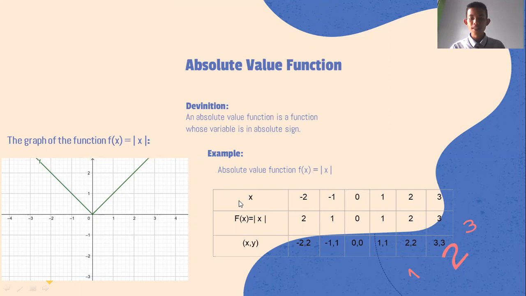We first determine the points so that drawing the graph of the absolute value is easier, like this. Next, connect the coordinates of the points obtained earlier in the Cartesian coordinates, so that the graph of the absolute value function above is formed.